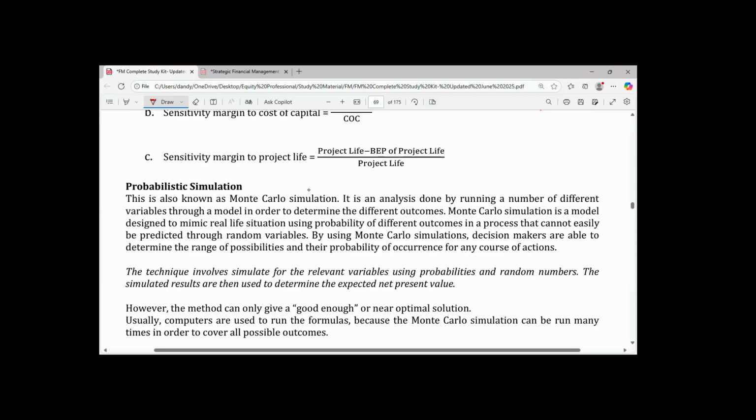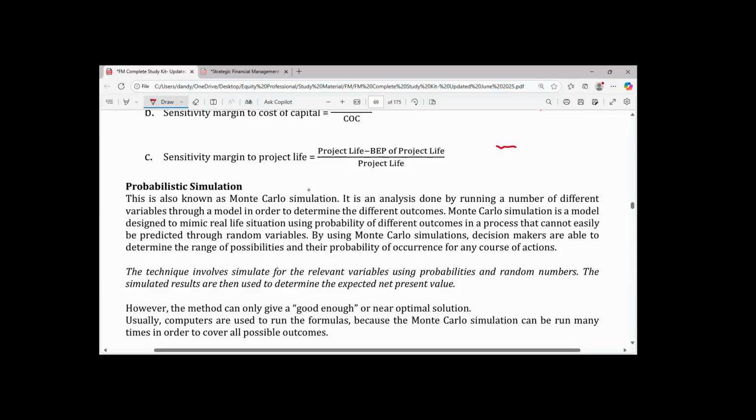Now, how do you calculate expected value using simulation? Very simple. The most important thing to do is to simulate for each variable.